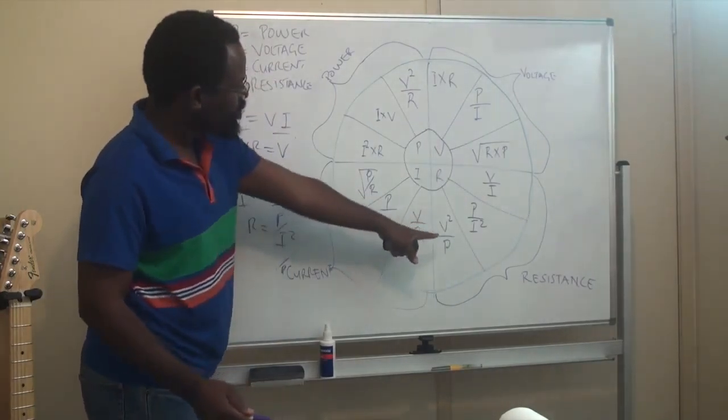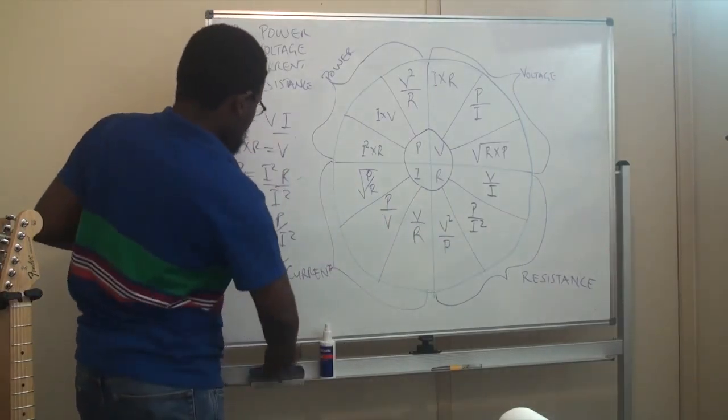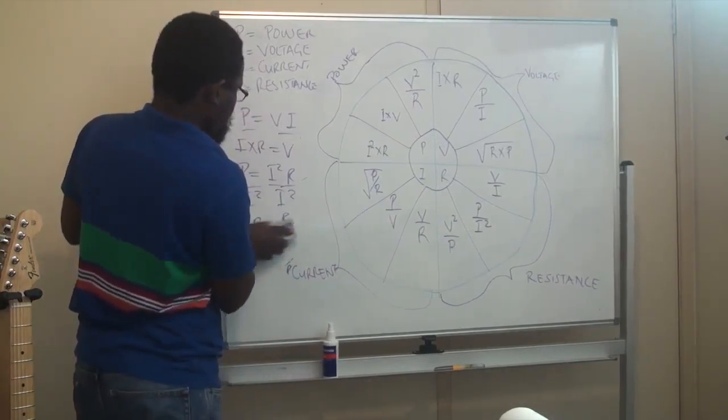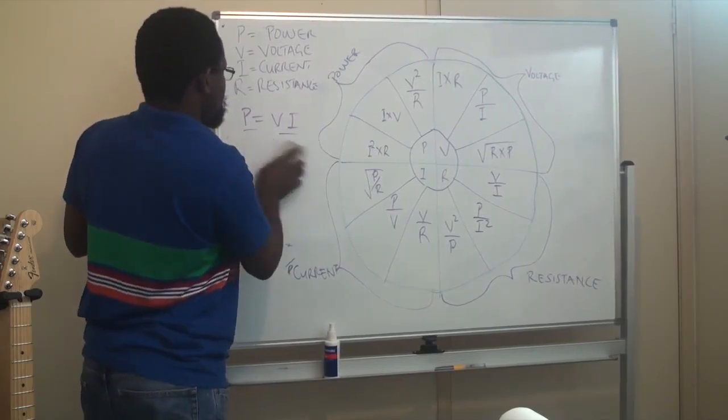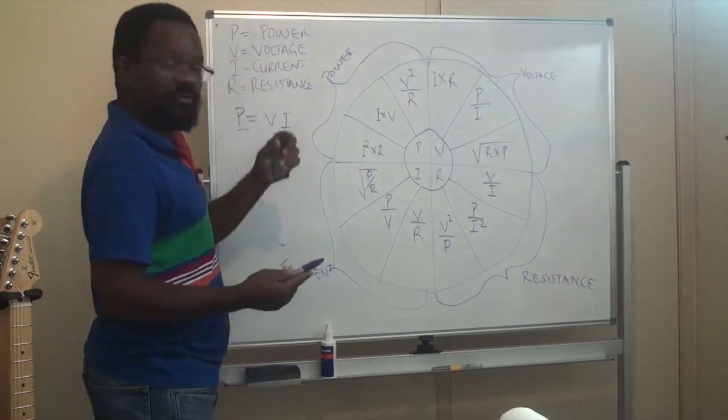And let's go to this V squared over P. It comes from this fact.